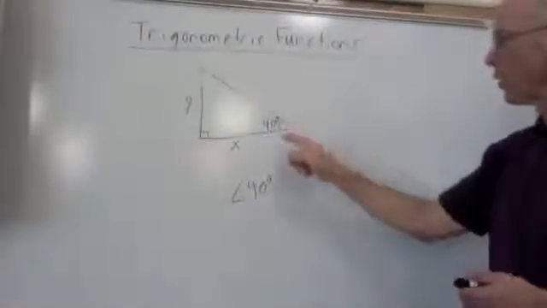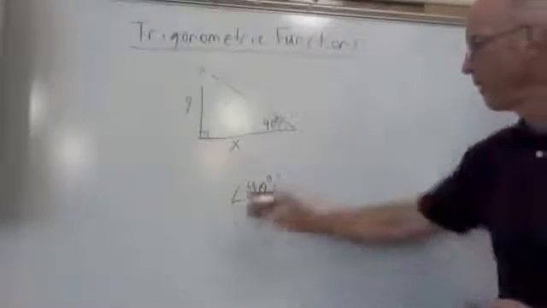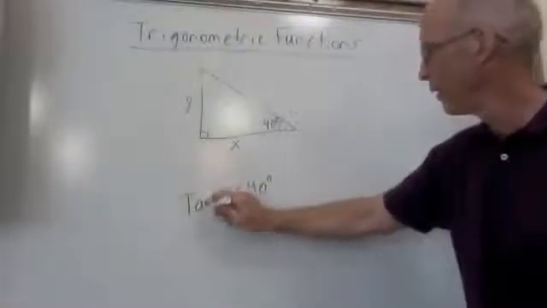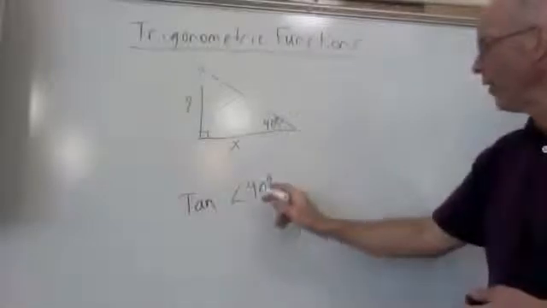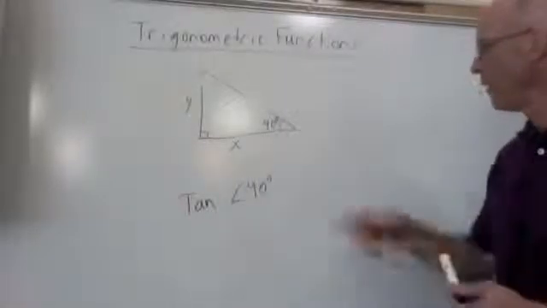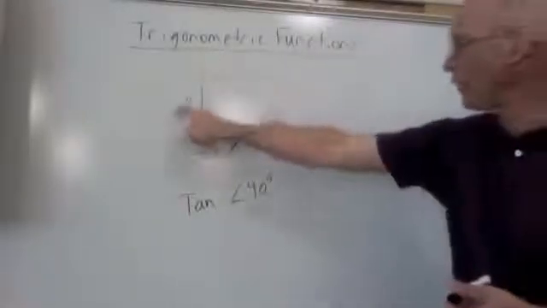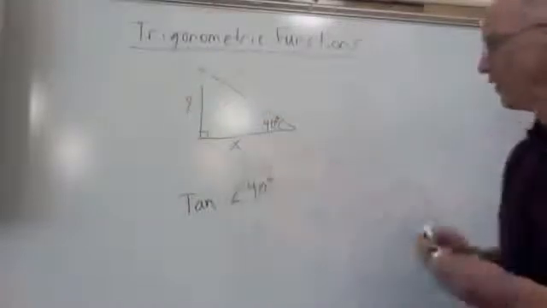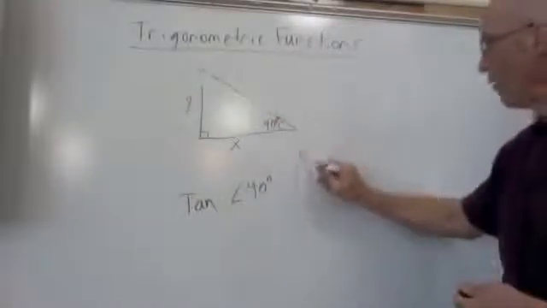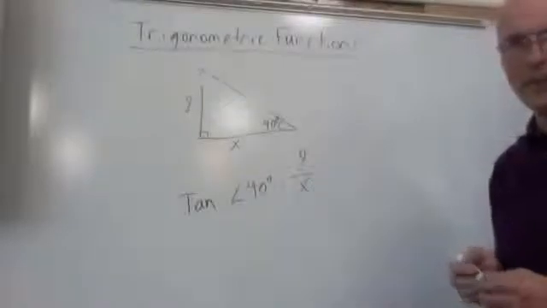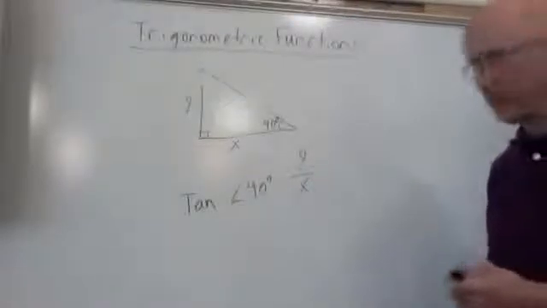In this case, we're going to want to use tangent. Okay? So the tangent of 40 degrees, and remember tangent is opposite over adjacent. So it would be 9 over x. Does that make sense? That's how we set up the problem.